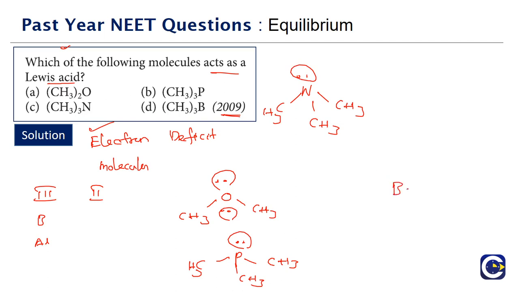But look at this boron, which is bonded to 3 methyl groups. I am not talking about the geometry here, just indicating the arrangement of how these molecules are linked to each other. The boron has 3 valence electrons.